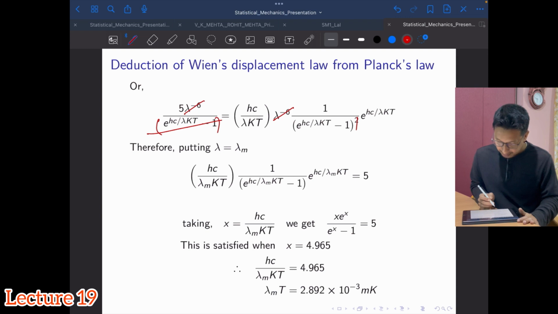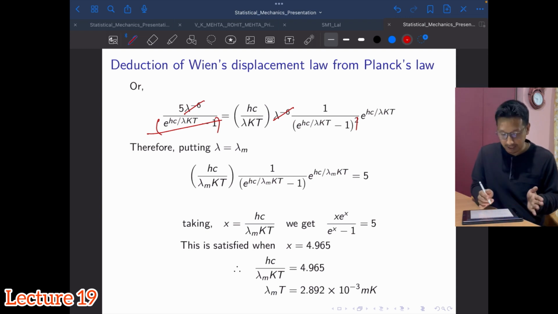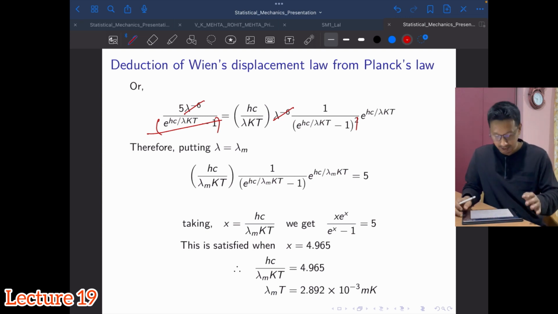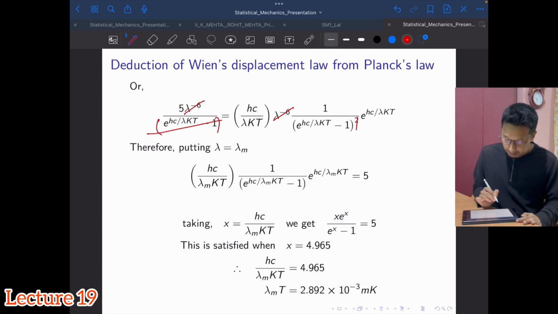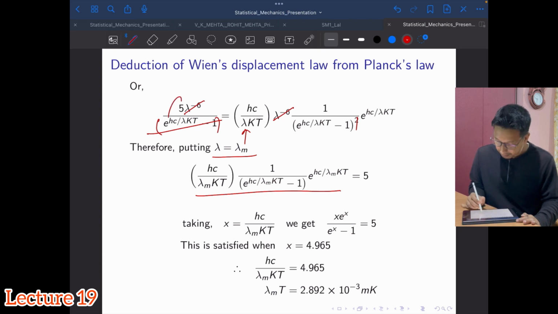Now, I was trying to maximize this expression for energy density, so I put lambda equal to lambda m, substituting lambda m wherever there was lambda. While doing so, I will have this expression, and this as it is remains here, so this expression will be equal to 5.